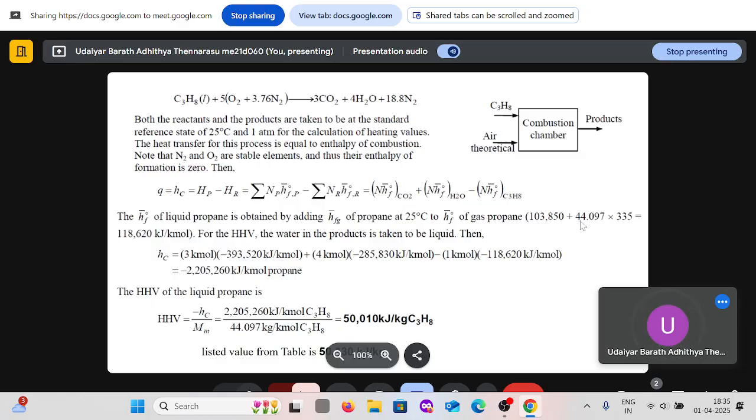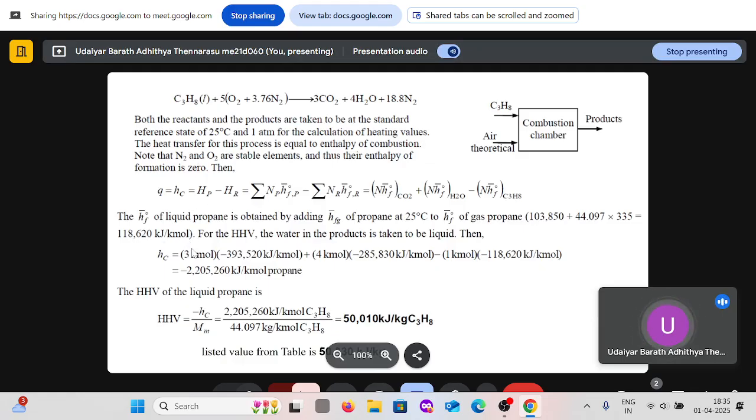The molar mass of propane is 3 times 12, which is 36, plus 8, which is 44. The enthalpy of formation of gas propane is 103,850, plus we multiply the molar mass into 335, because 335 is in kilojoule per kg. To convert it, we multiply by the molar mass. So we get 118,620 kilojoule per kilomole. This was also given in the previous problem.